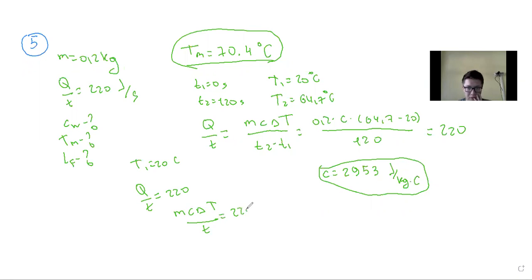Here I found the time at which it starts to melt. If you calculate everything, delta T is 70.4 minus 20, C we found, M is 0.2, and I found that t equals 135 seconds. At this second, it will start to melt.